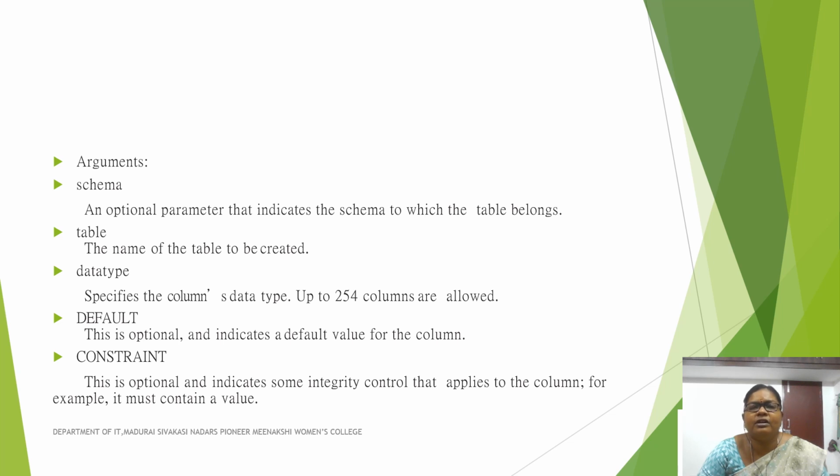Each and every column can have a different number of constraints. Based on the input, you can make use of the integrity constraints which are already available, or you can create your own constraint using the constraints argument. In the next slide, I'm going to continue the arguments list.